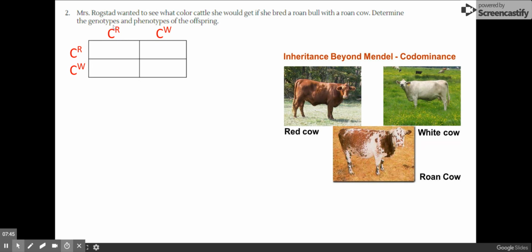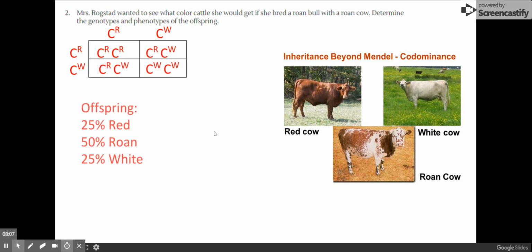So they could potentially each pass on either the C with the big R or the C with the W. Then just put in your combinations for the next generation. So we could get red cattle, roan cattle, or white cattle. And it would be in these ratios or percentages.